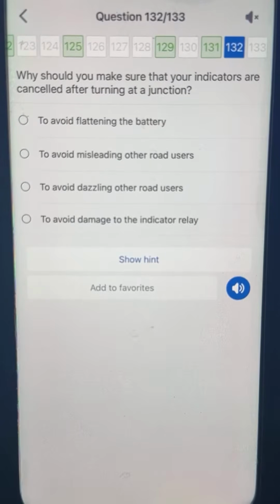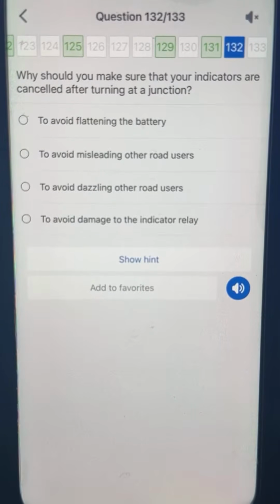You're giving them false information, and according to that information, they will be reacting. That guy may have seen you with a left signal and think, oh, this guy is turning left, so let me pass him quickly on the right, but you don't want to turn really. You should be cancelling your signal after you turn so you don't mislead other traffic. Remember the word mislead means you're giving wrong information.